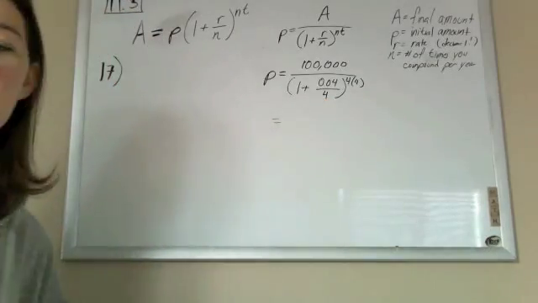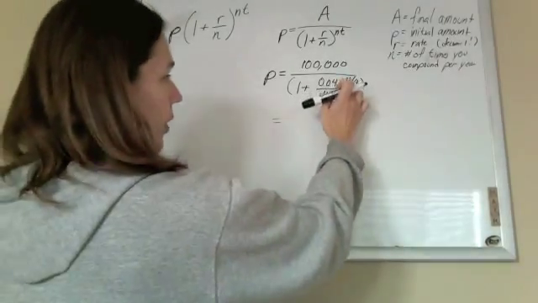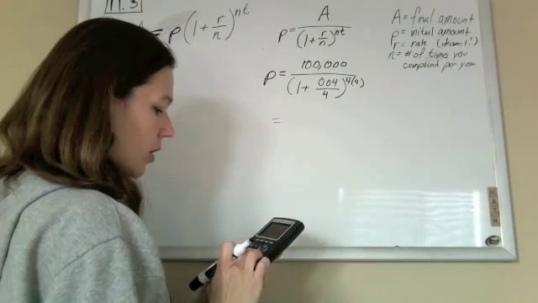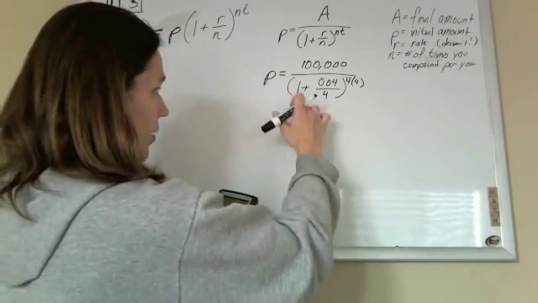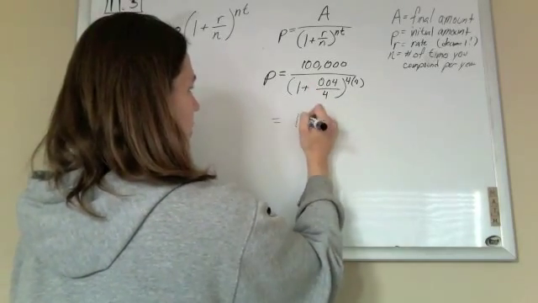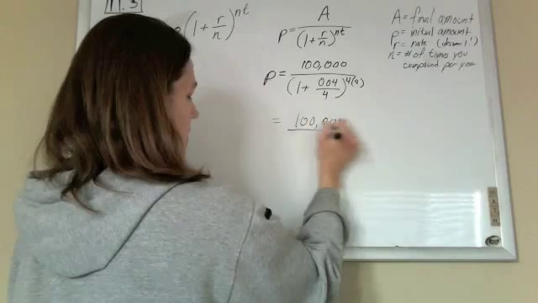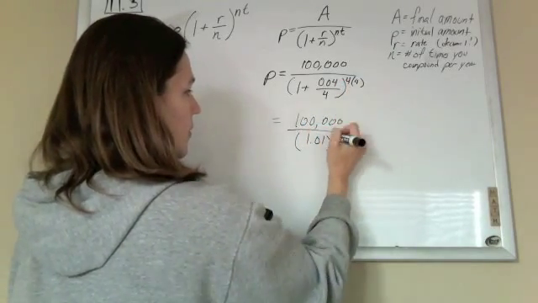So I'm just going to walk through slow again, and I'll do this part first, 0.04 divided by 4, and then I'll add 1, so the top stays the same, 100,000 divided by 1.01, 4 times 4 is 16.